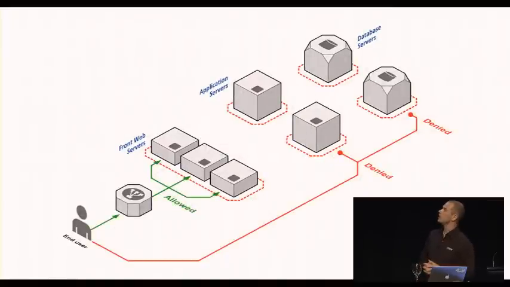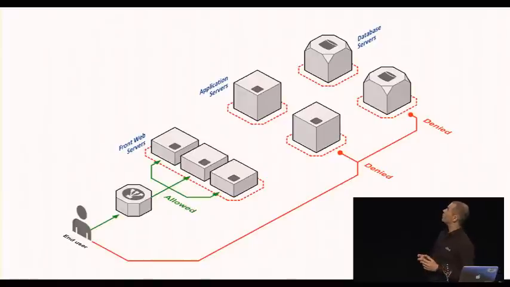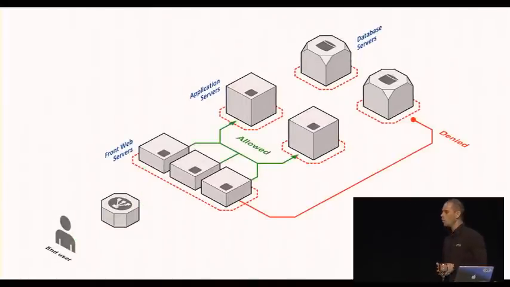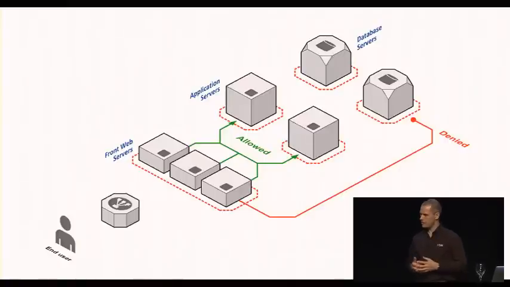So for example, we may only allow our Elastic Load Balancer to talk directly to our web server tier on port 80 and port 443, and never allow it to talk directly to the application tier or to the database tier. Similarly, we may have a security group rule which only allows the web server tier to talk to, say, port 8080 on our application server tier and never have direct contact to our database tier.